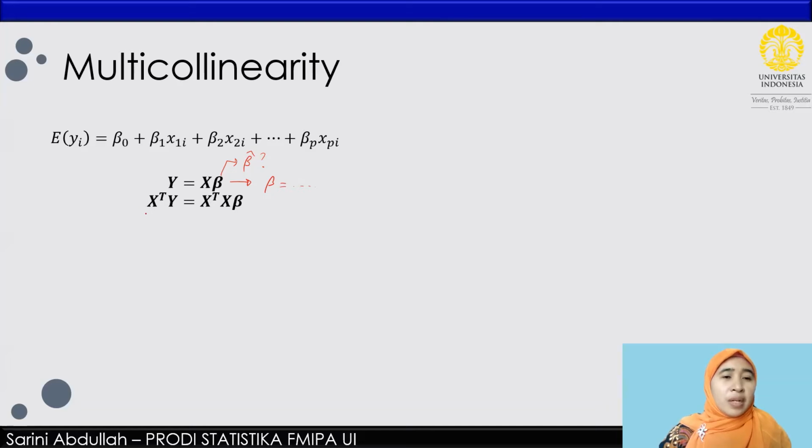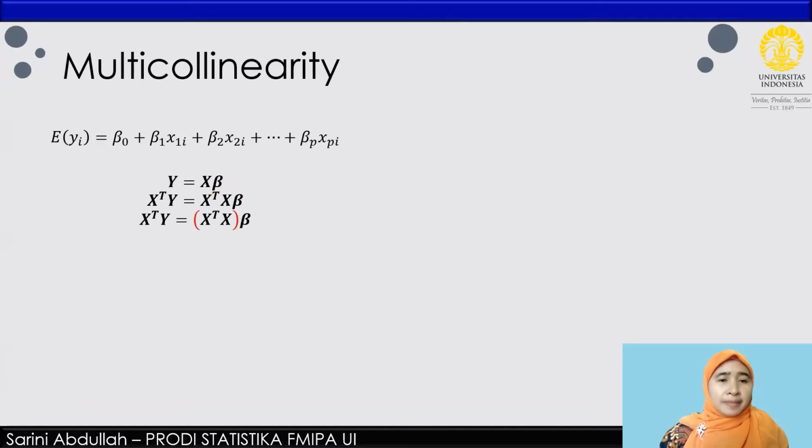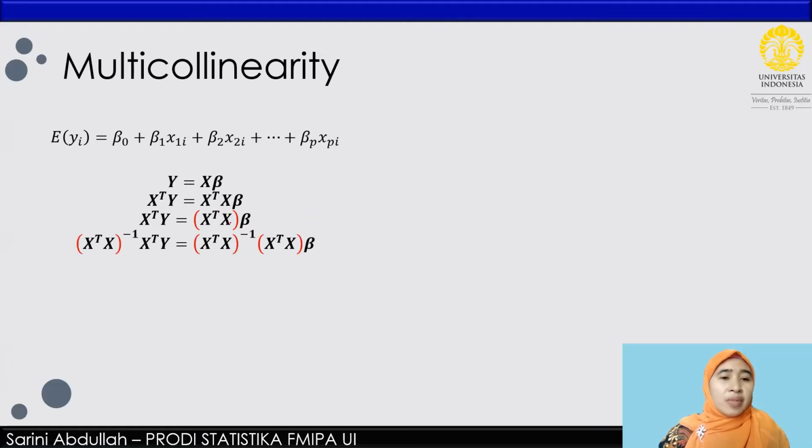We multiply both sides by the transpose of the predictor matrix, so we have X transpose y equals X transpose X beta. Because we want to write beta equals something, we group this X transpose X, and to leave only beta, we multiply both sides by its inverse, X transpose X inverse.